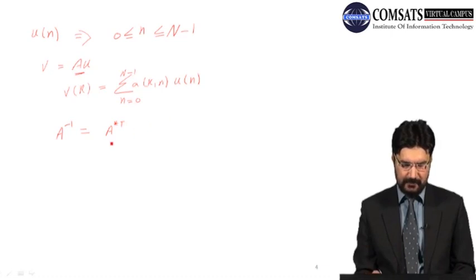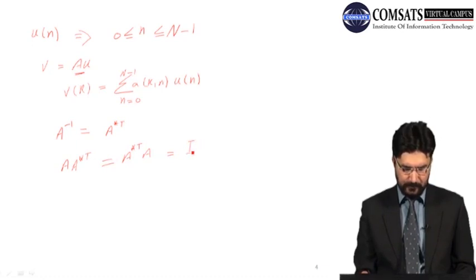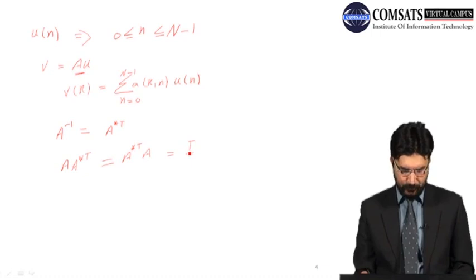So the relation is also true for A times A conjugate transpose, and A conjugate transpose times A, and both are equal to the identity matrix. So this relation is also true.